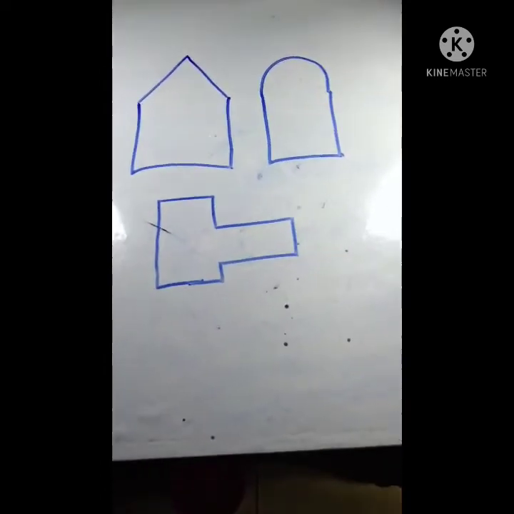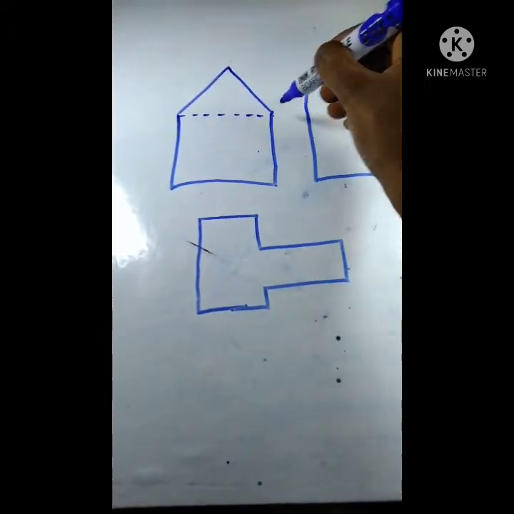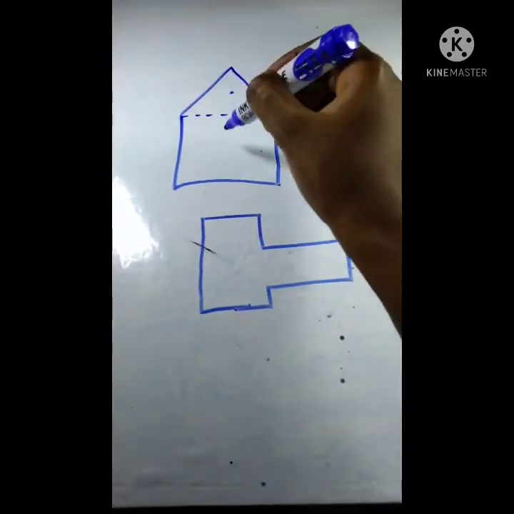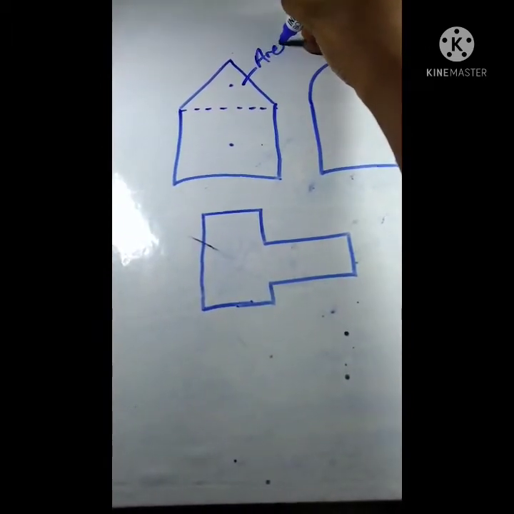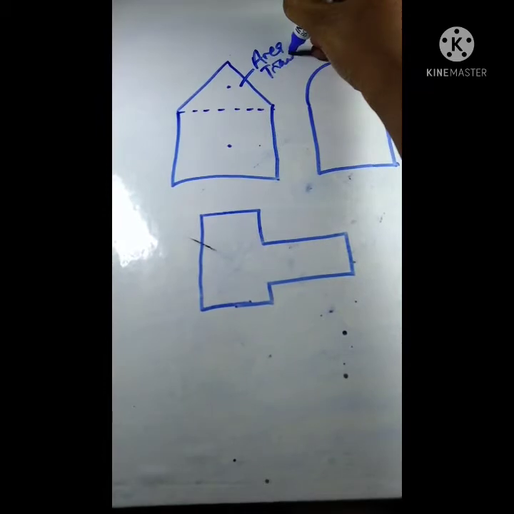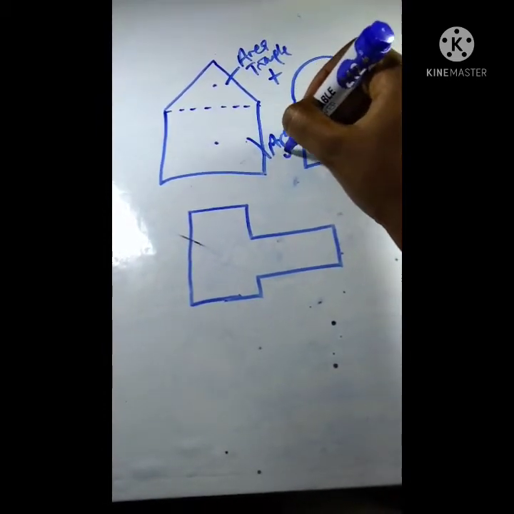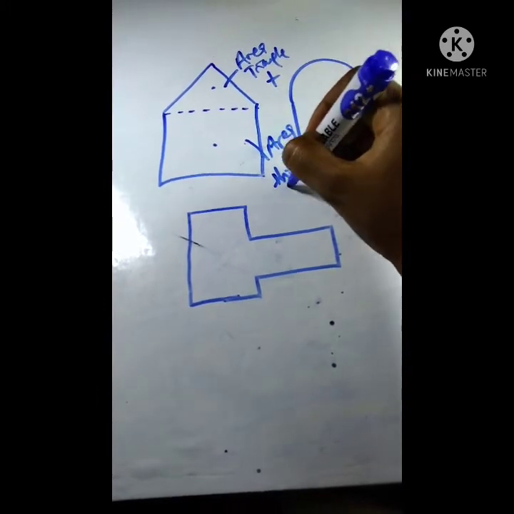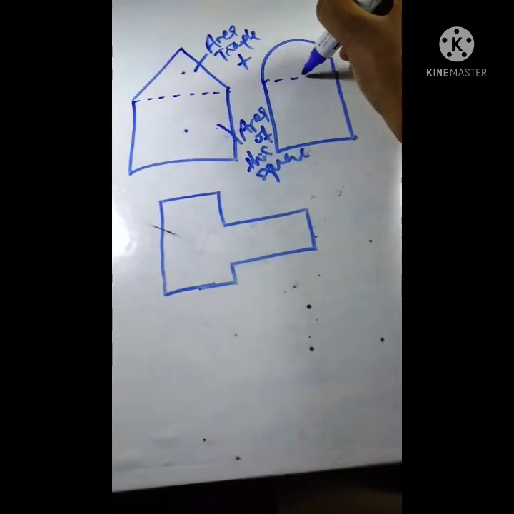What we do is we carve out the shape. For instance, this is a triangle and a square. So we'll find the area of this triangle and add it to the area of this square. Same for this.